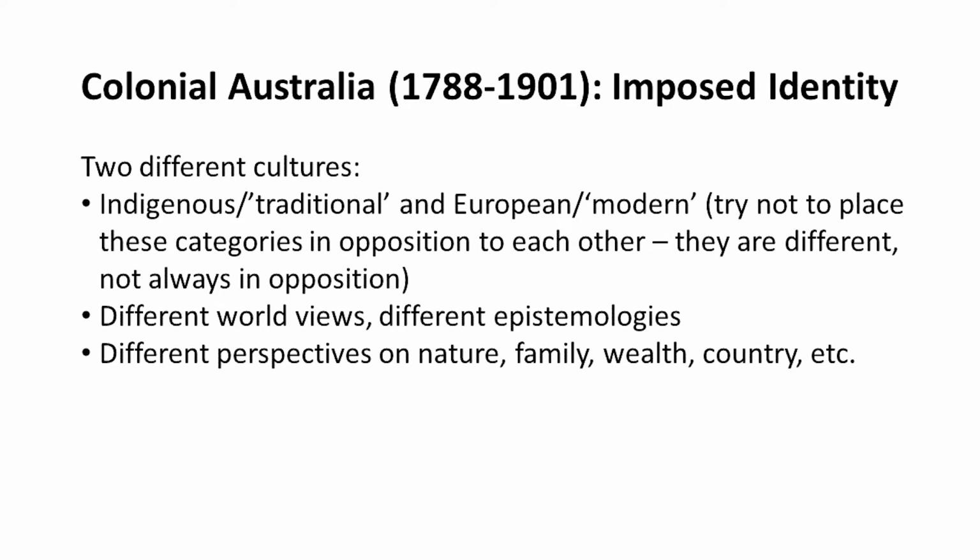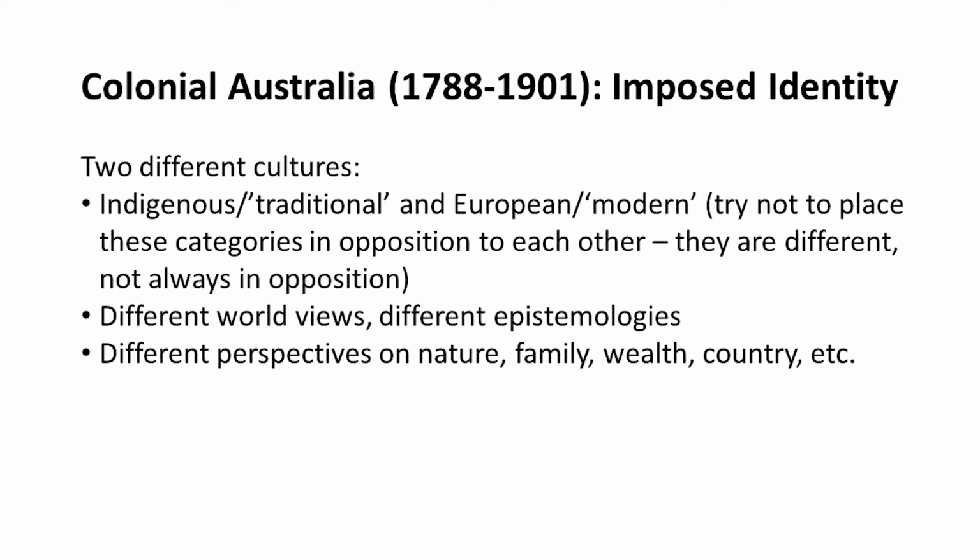They're different worldviews. Okay, the Indigenous people came with a different understanding about many things. They'd been there for a long time on the Australian land as well. The Europeans came with a very separate set of understandings, beliefs, ideologies, different epistemologies, ways of knowing about themselves.